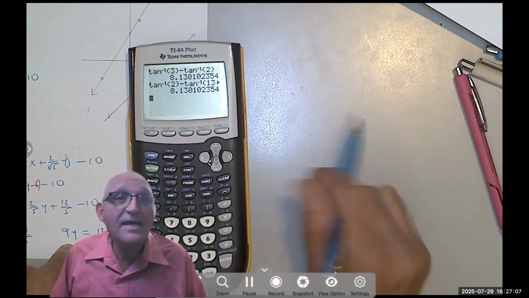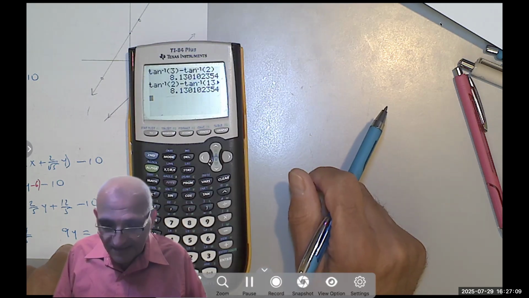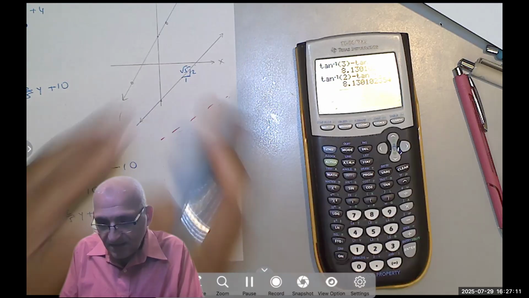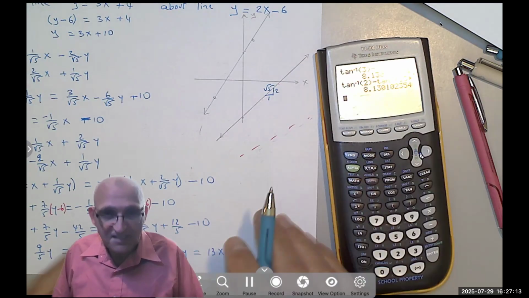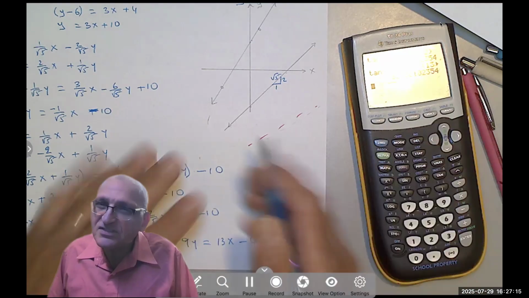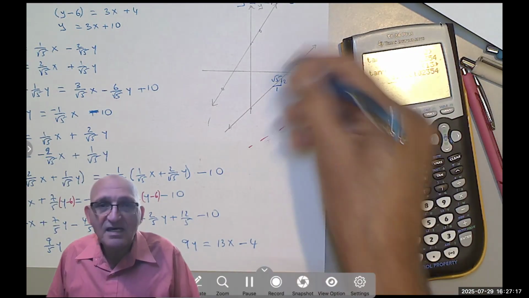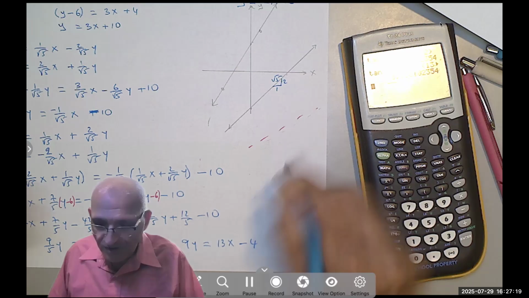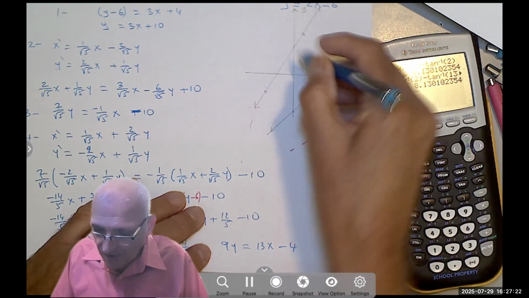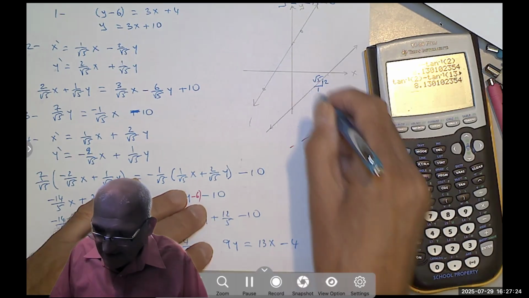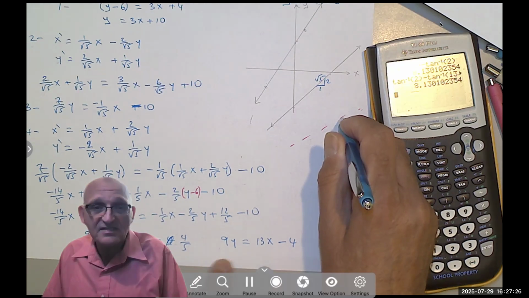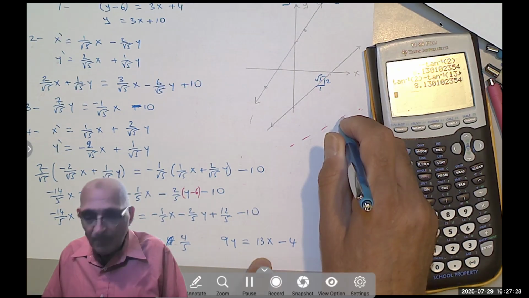It's the same angle. So at least we know that the projection seems to be correct. I cannot prove it's perfectly correct until I take another point. You can do a point like we did in the previous problem, project it over this line and see if it satisfies this equation at the end.